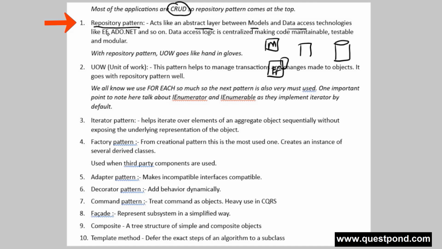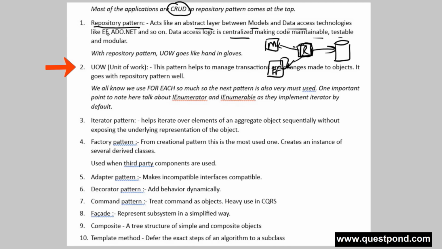This repository pattern can stand in between and act like a mediator, okay? And in this repository pattern, you can centralize common data access code, and with that, it will help you make it more maintainable, more testable, more modular, and so on, right? So the first pattern which comes to my mind is repository pattern.